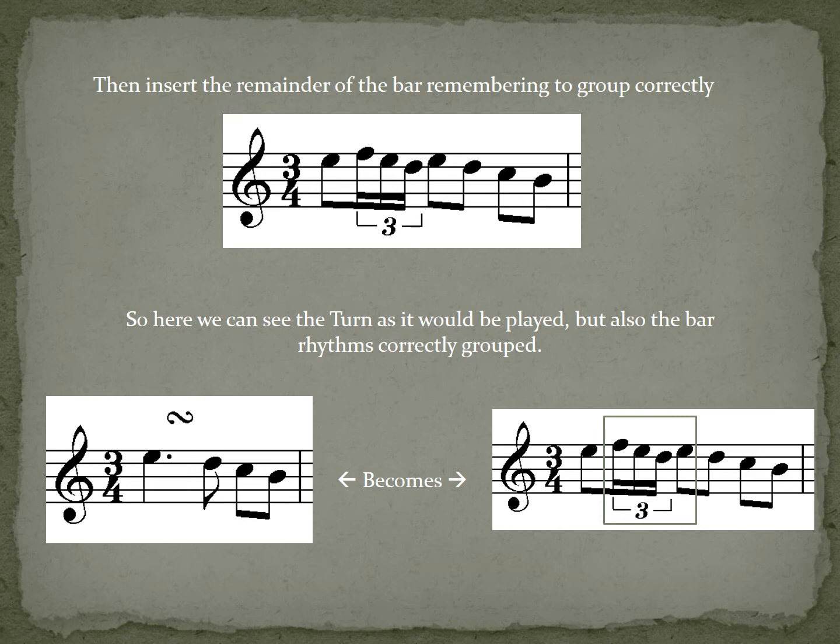You can see the first note E as the quaver, half of the very first beat, and then the first 3 notes of the turn, the upper note, the written note and the note below, is valued as a triplet to equate to the second half of the crotchet. The last note of the turn, the E, then becomes the value of the dot, and then we've added the D quaver, the C quaver and the B quaver to complete the bar, and we can see the final result in the bottom right hand corner of this slide as you're looking at it.